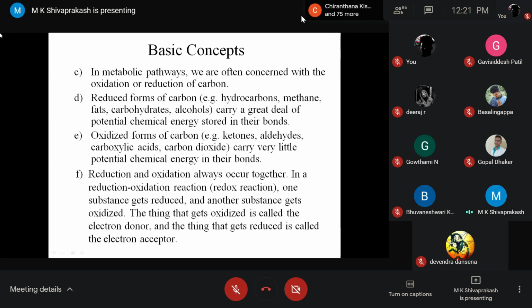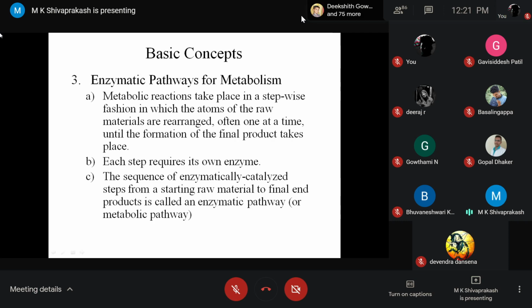Some of the things I have already explained. So the redox things in the metabolic pathways, you come across various molecules which can act as oxidoreductive molecules.